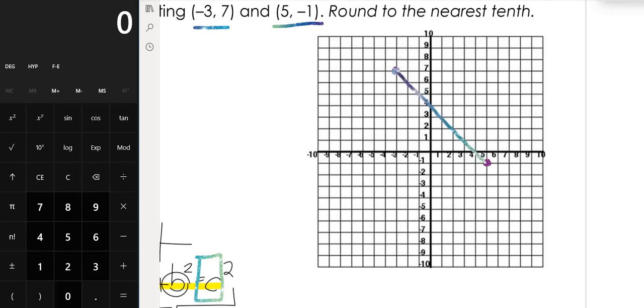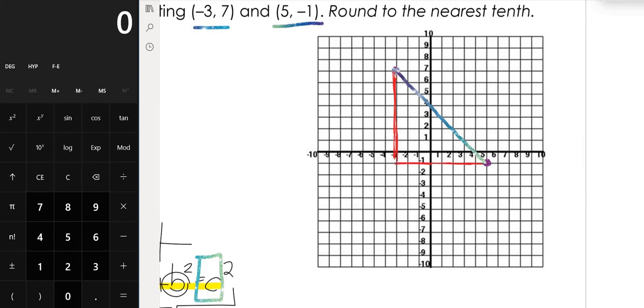Okay, pretty good. So, in order to find the length of that line segment, or the distance between those 2 points, if I'm going to use the Pythagorean theorem, I'm going to start by creating my right triangle. So, starting from the left, I'm going to go down, and then to the right.